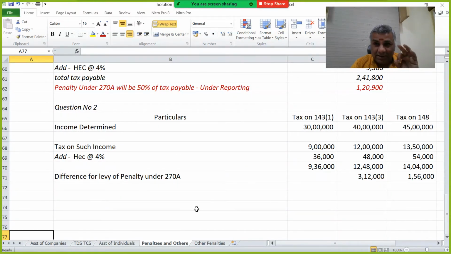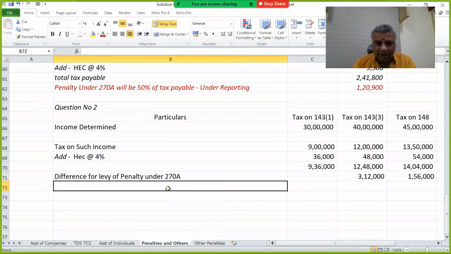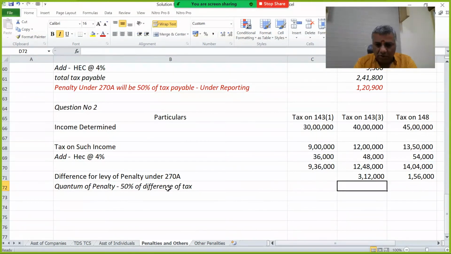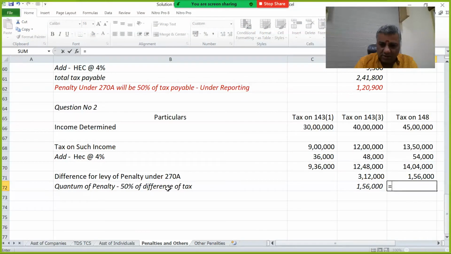For the second assessment, it is the income determined under reassessment versus income determined under the first assessment. Quantum of penalty is 50% of the difference of tax, in both cases.